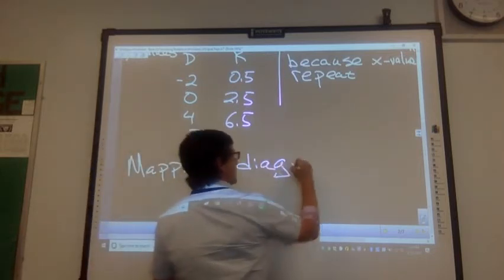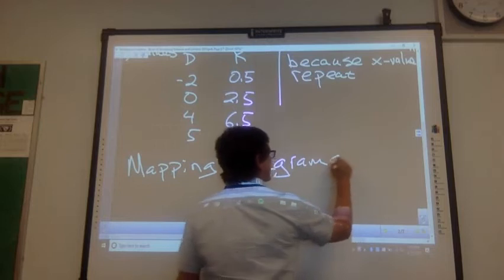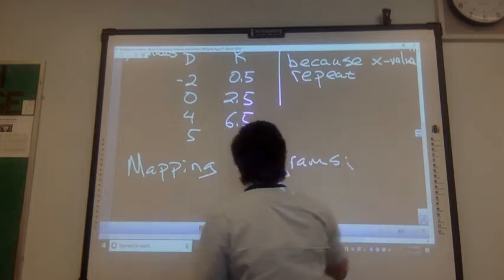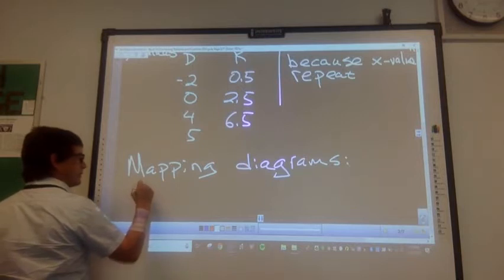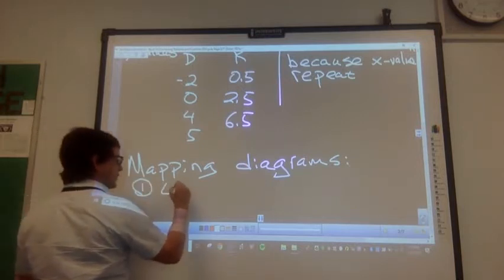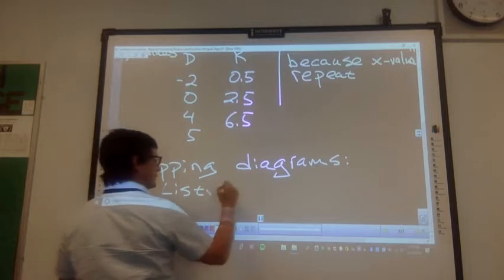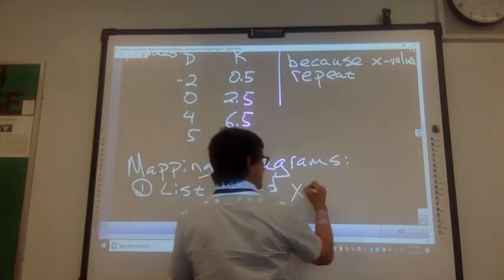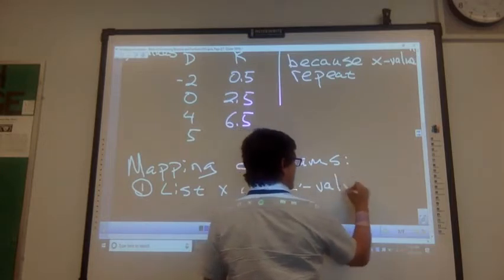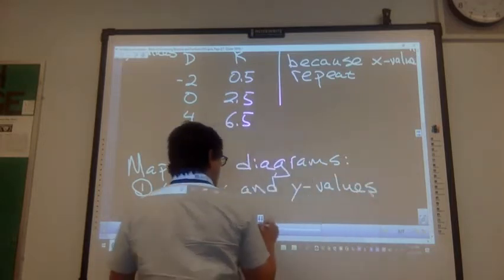So mapping diagrams, couple directions. We're going to list least to greatest again. So list x and y values, least to greatest.